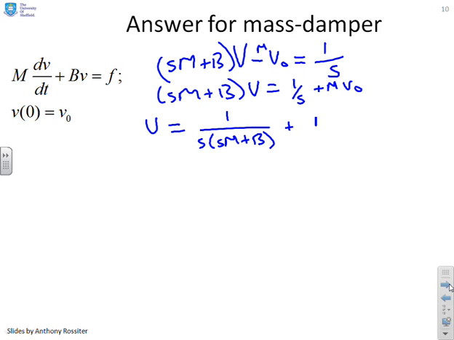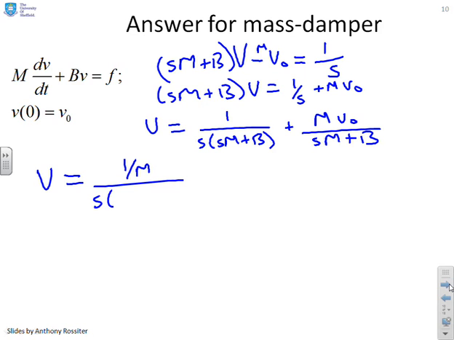Then we get V = 1/(Sm + b) + m v0/(Sm + b), and finally, putting the denominator into monic form, I get V = (1/m)/(s + b/m) + v0/(s + b/m). And you'll notice this is just like the questions we did earlier in this video.